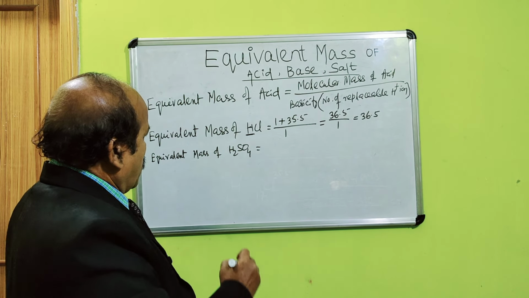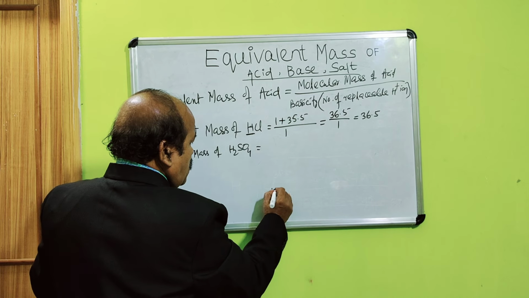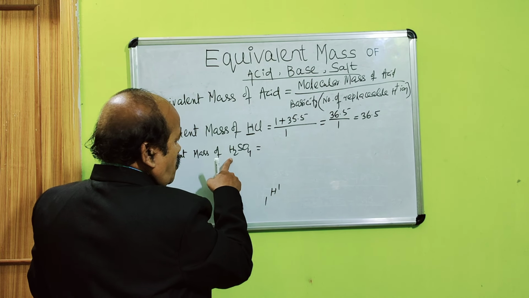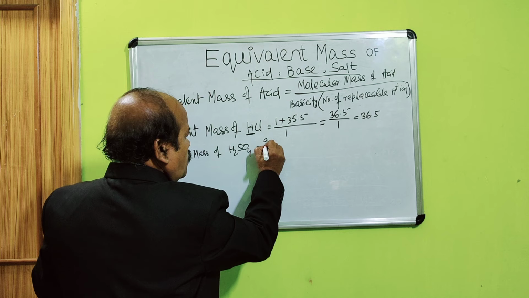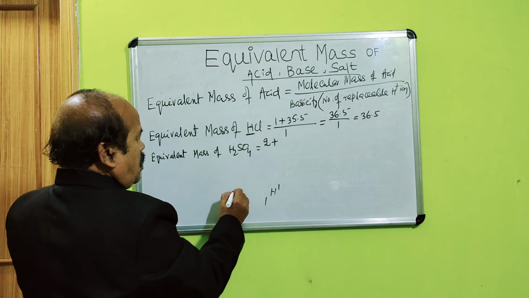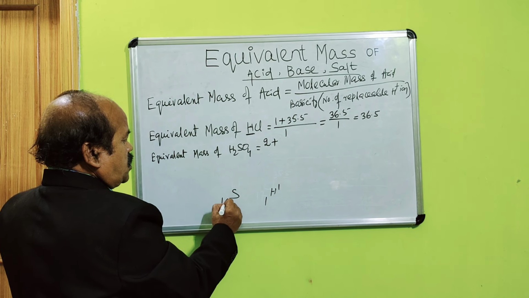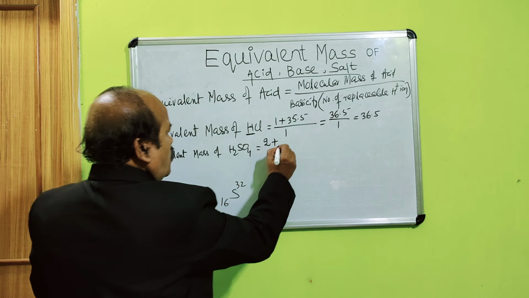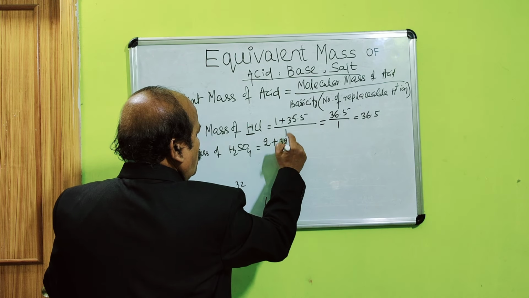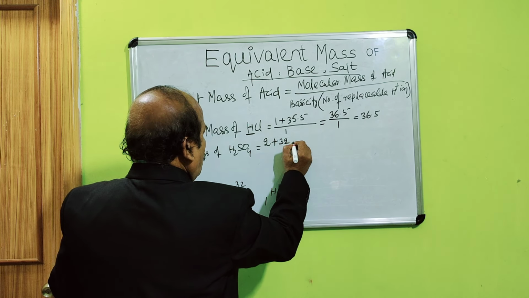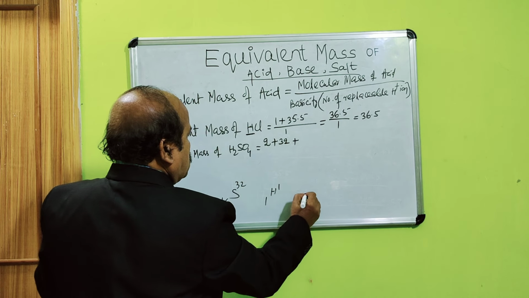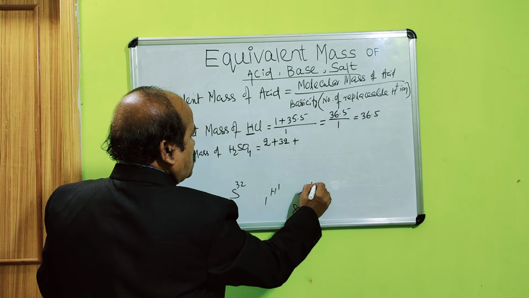Again, let me calculate: hydrogen atom number 1, mass number 1. For 2 hydrogen atoms it is 2, plus sulfur atom number 16, mass number 32. So it will be 32 plus oxygen atom number 8, mass number 16.